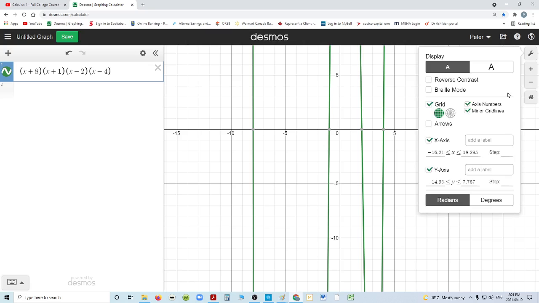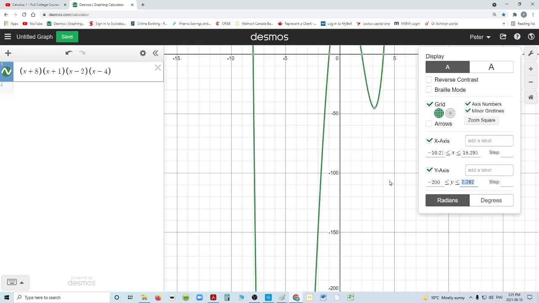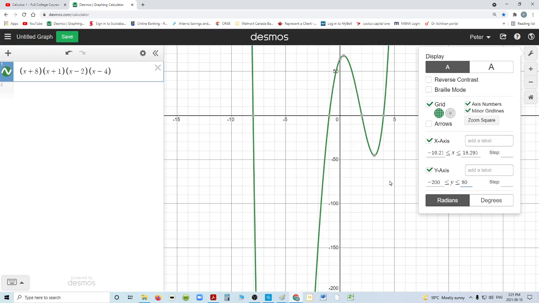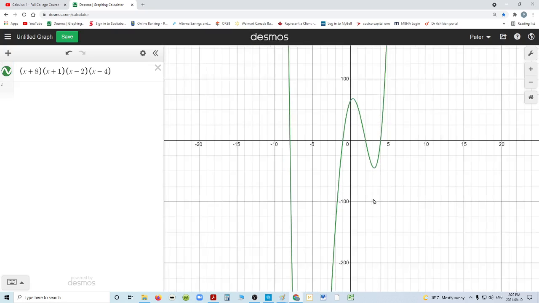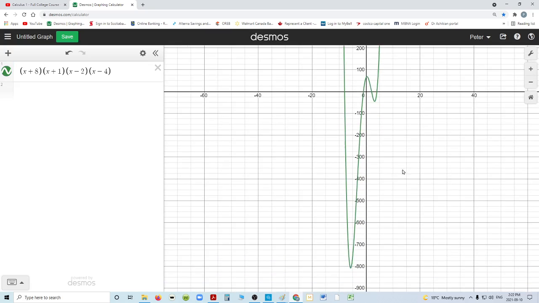I'm going to just change the values of y so we can see that it's going down to -200 and up to 80. There we go. Gives us a good idea. In steps of 10, doesn't matter. 100. Look at that. See how far it dipped?